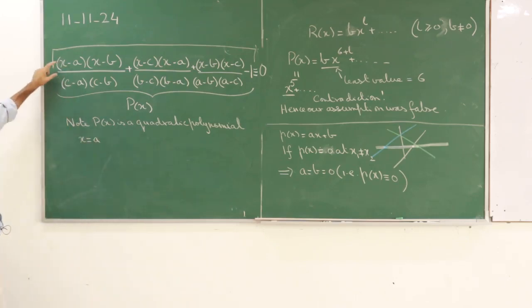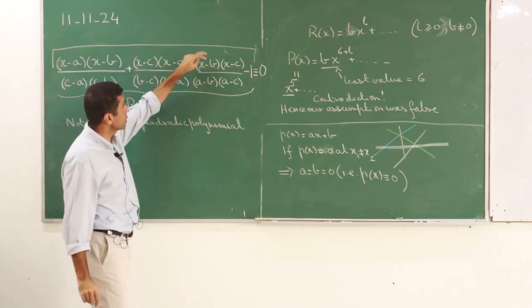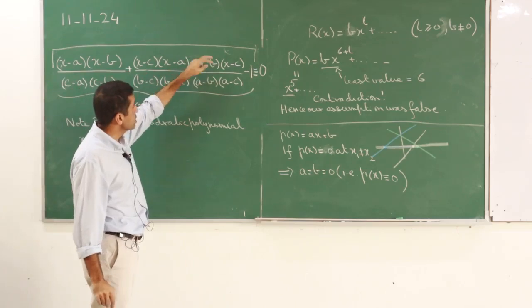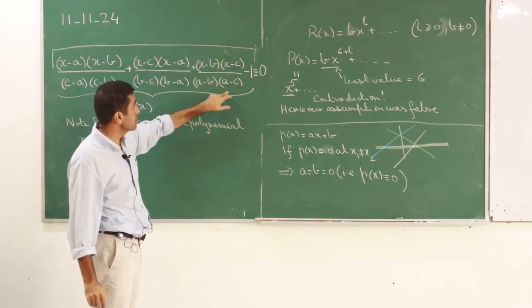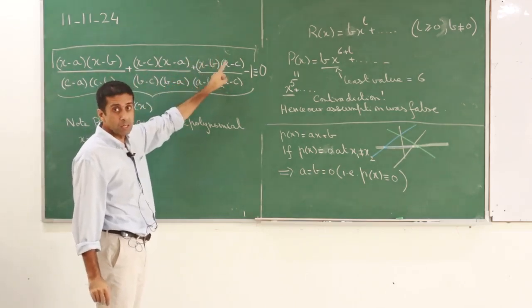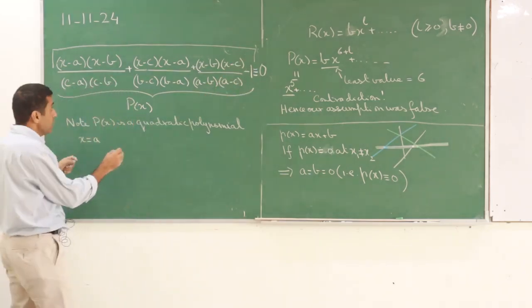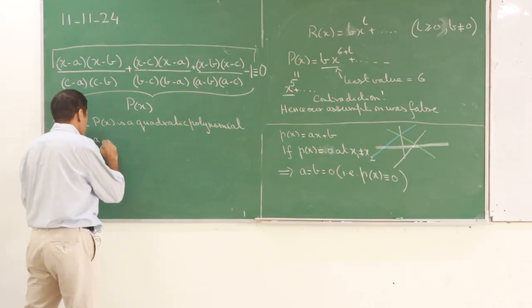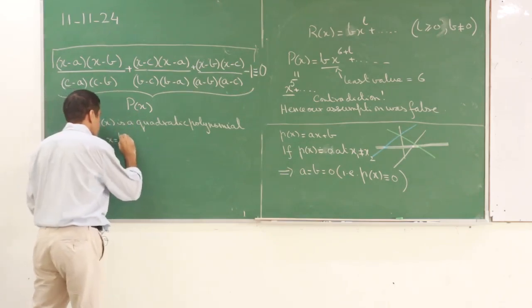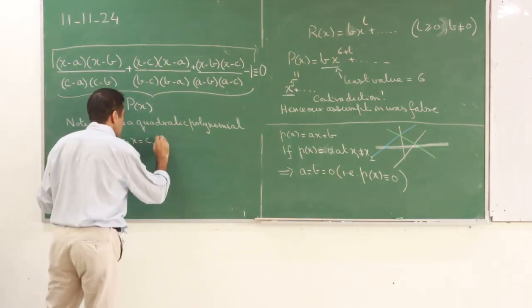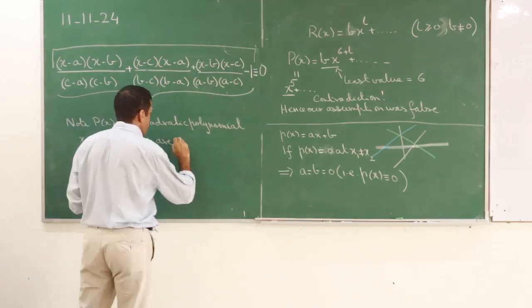Why is it a root? Because when I set x equal to a, this goes to 0, this goes to 0. This becomes a minus b, which cancels this. This becomes a minus c, which cancels this. So it becomes 1 minus 1, which is equal to 0. So x equal to a is a root. And by symmetry, I know if x equal to a is a root, x equal to b and x equal to c are roots.